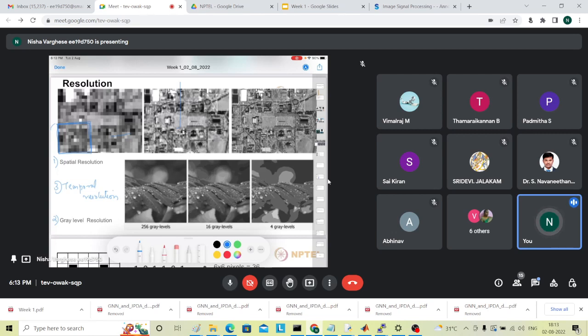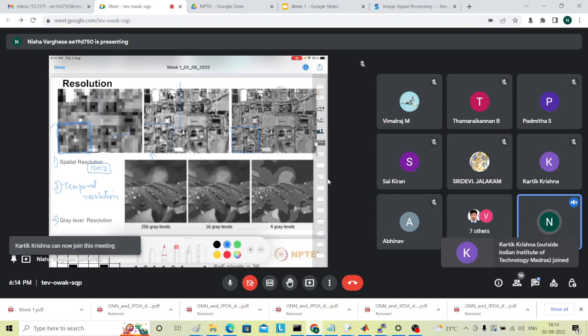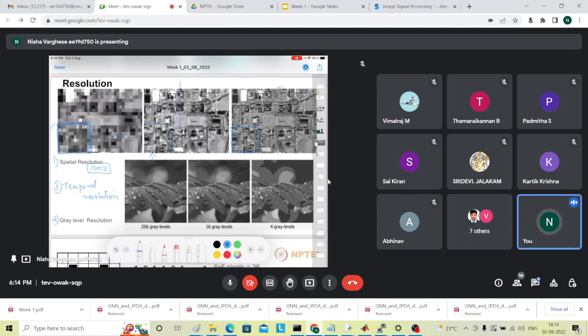It will be around a 12 by 12 pixel area, right? But in the second image, for the same area, the number of pixels will be higher, right? And for the third image, in this area, the number of pixels will be very high.